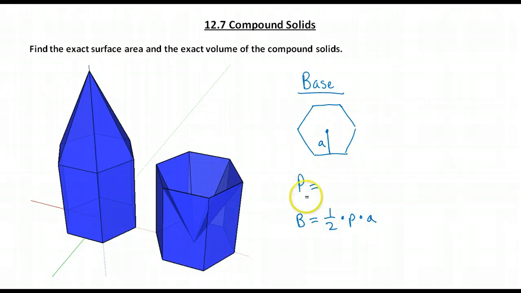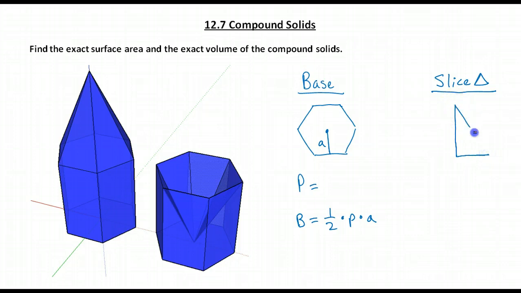Once I've figured out the perimeter and the base area, I'm going to look at the slice triangle. The slice triangle is going to be made up of 3 parts. The hypotenuse is going to be the slant height.